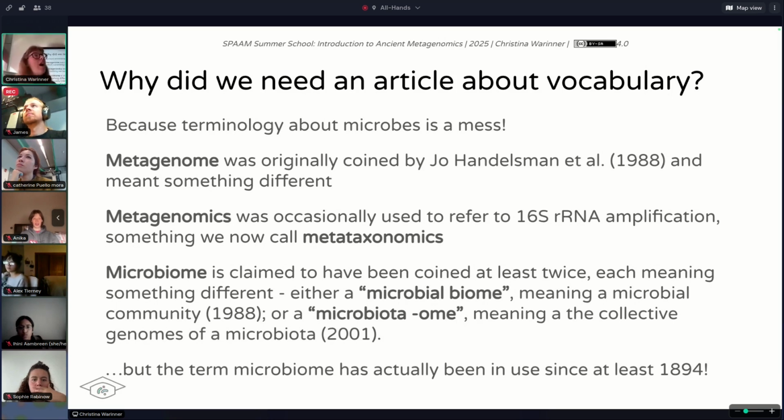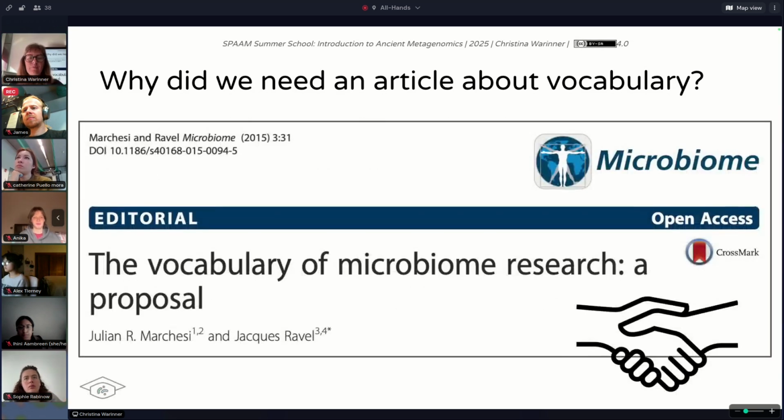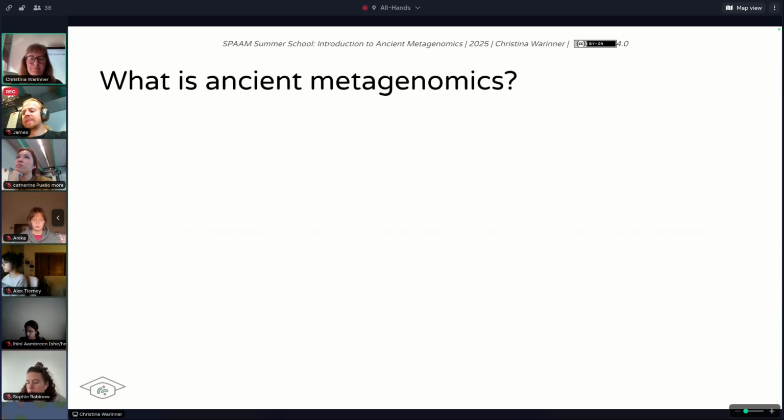So it's been used a lot, but often to mean different and inconsistent things. And so we needed this article about vocabulary to bring us all on the same page so that when we say metagenome, or microbiome, or microbiota, we all know and agree with what we mean. But this is really important because if you start to go into the literature before 2015, you may see these terms being used to mean different things. So just watch out for that.